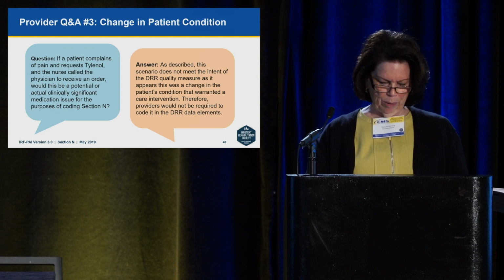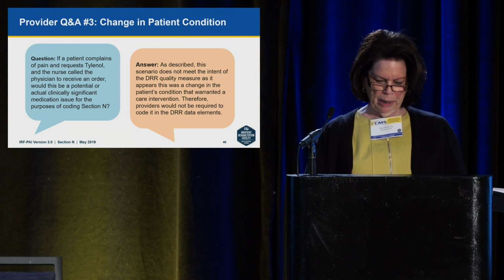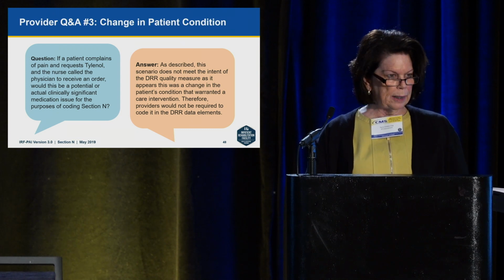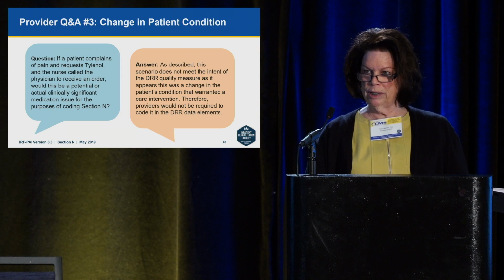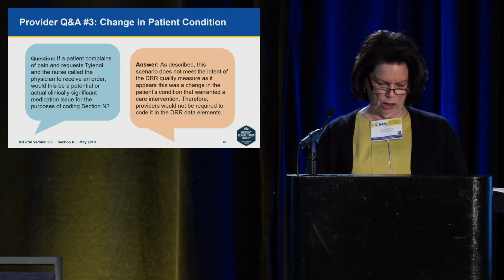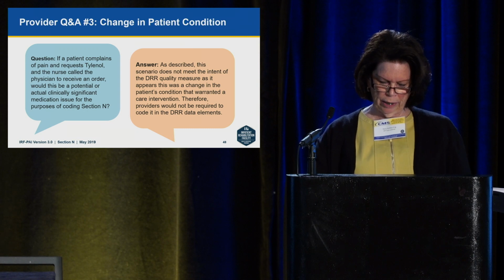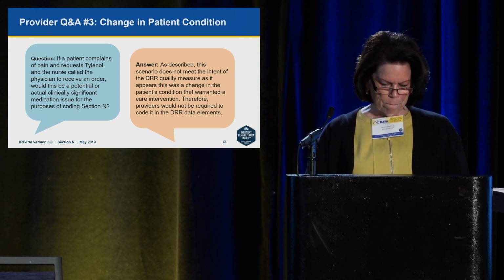As described, this scenario does not meet the intent of the drug regimen review quality measure, as it appears there was a change in the patient's condition that warranted a care intervention. Therefore, providers would not be required to code it in the drug regimen review data elements.